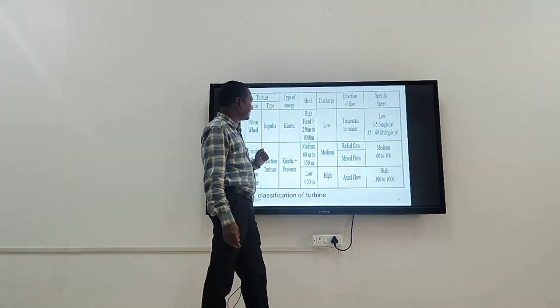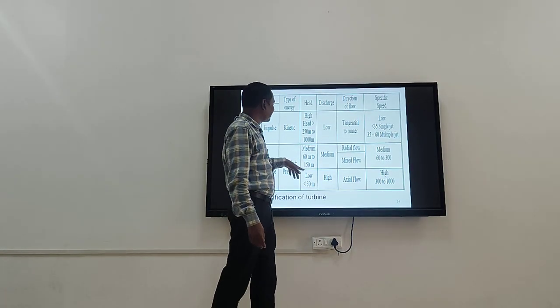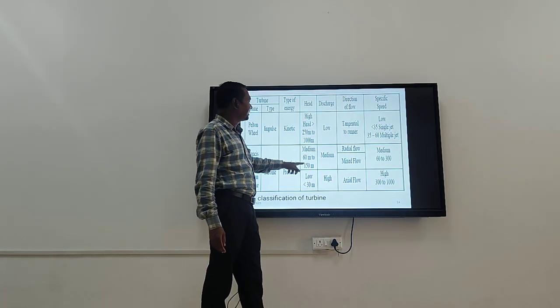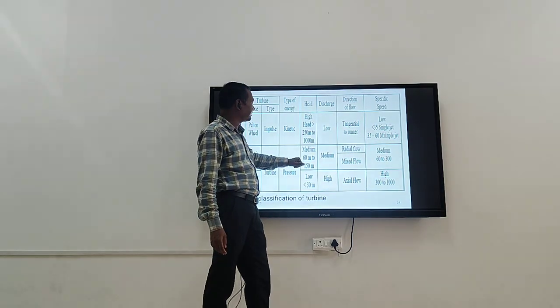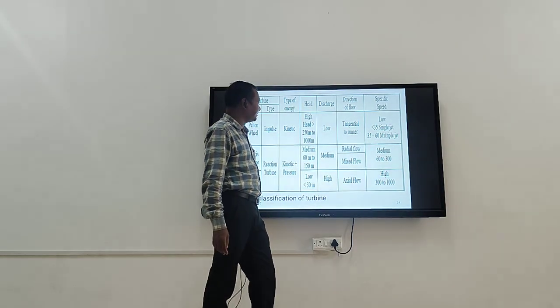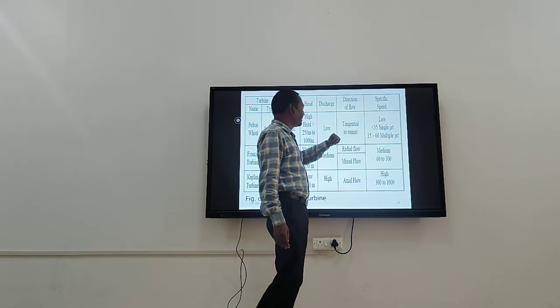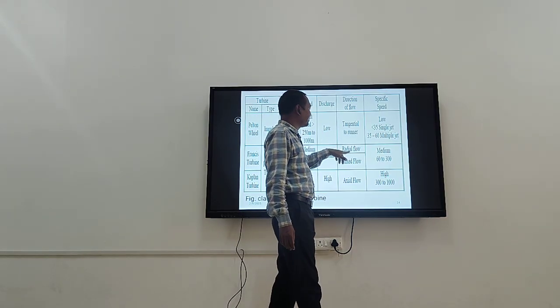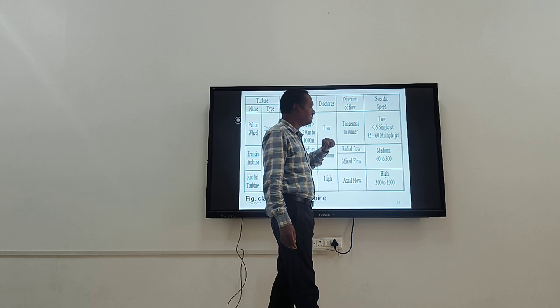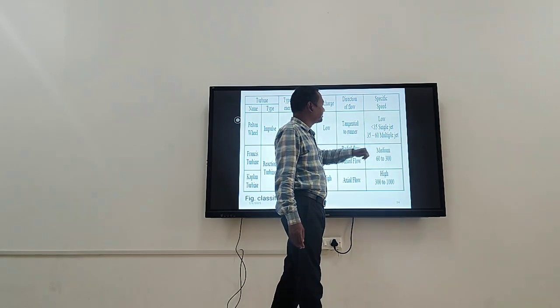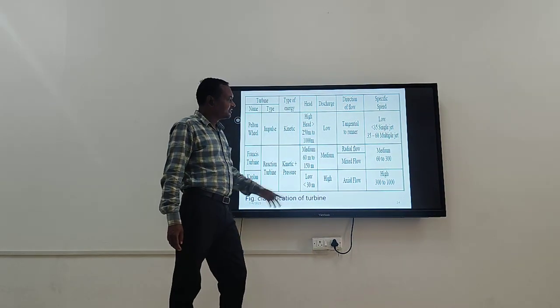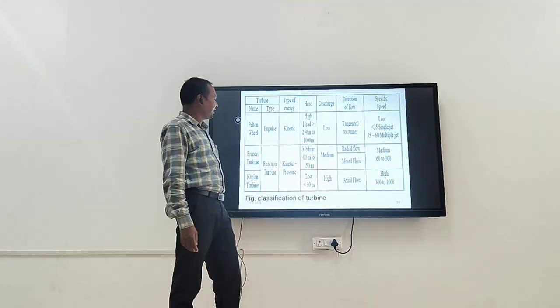Kinetic plus pressure energy. The Francis turbine is a medium head turbine, that is, the head available at the inlet is 60 meter to 150 meter. And discharge is medium. The direction of flow may be radial flow or mixed flow, and specific speed is medium, that is 60 rpm to 300 rpm.